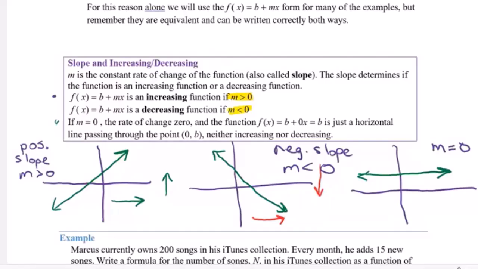And it's just a horizontal line passing through whatever the point is of my initial value. And it's neither increasing or decreasing. It's just staying constant. This function is increasing, this function is decreasing, and this function is constant.